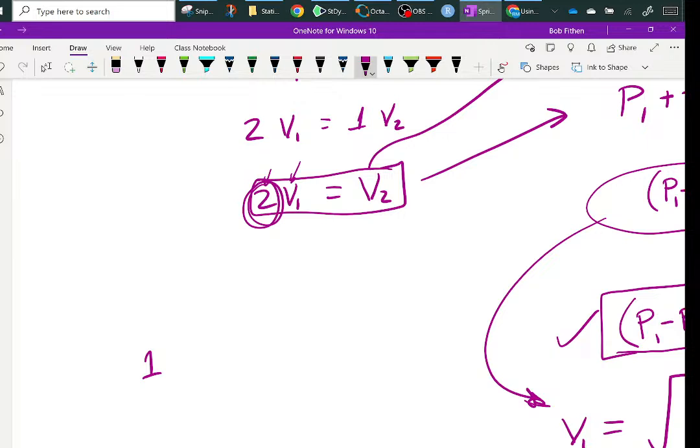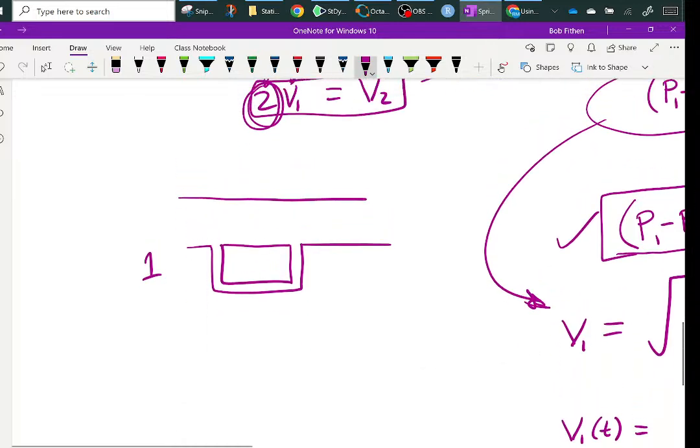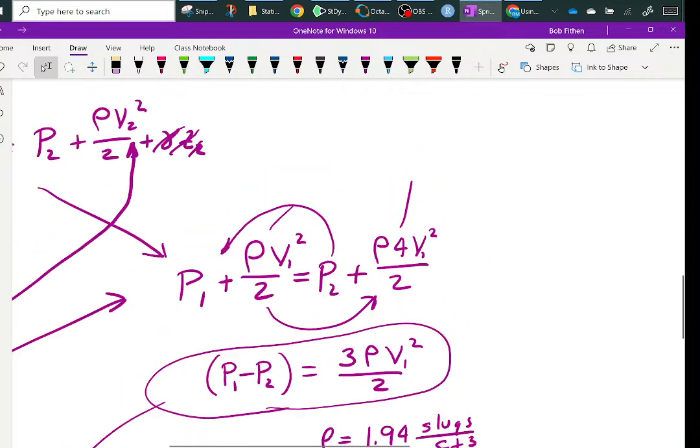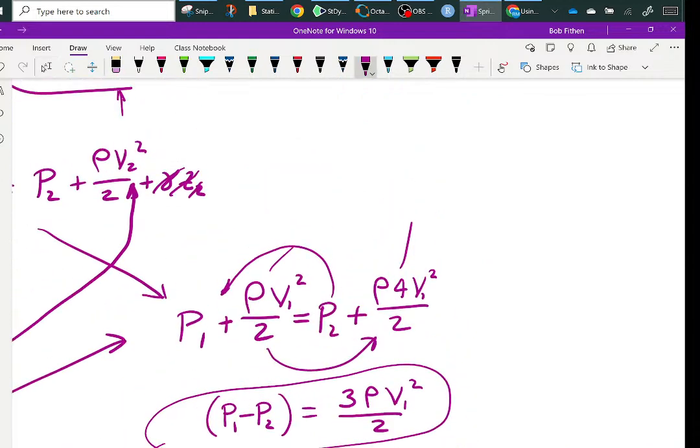In other words, if you just stuck a piece of pipe and you did this, the areas are the same. Let's think about that. Your area ratio being 2 got stuck in here as this 4. So let's go in a general sense.